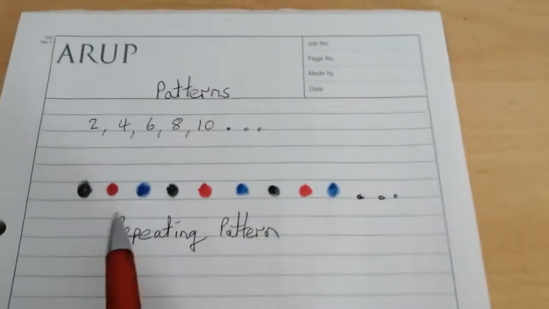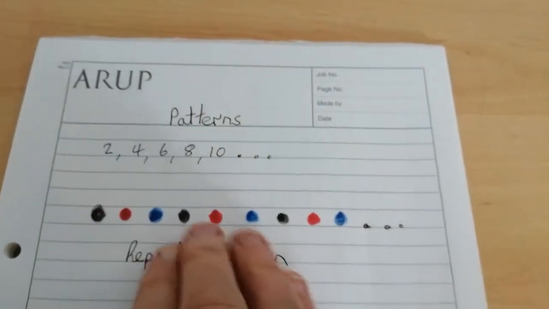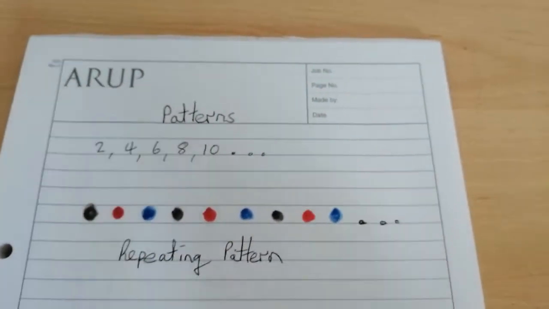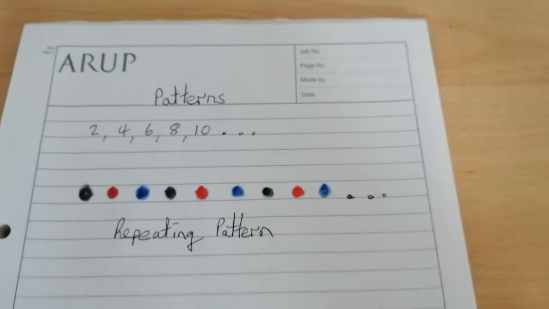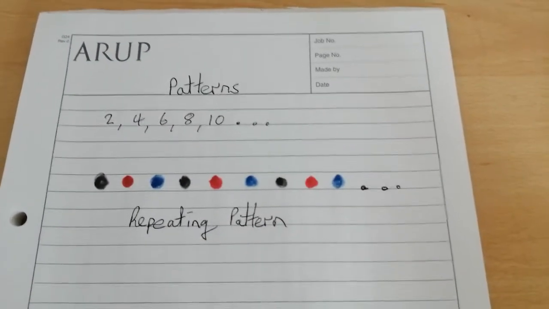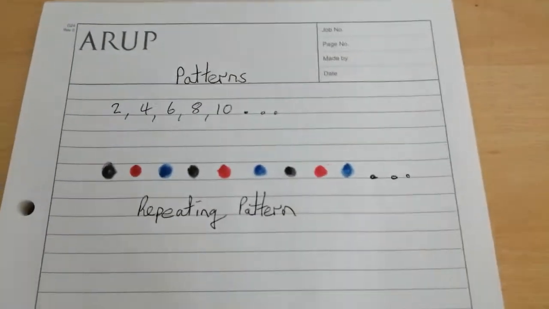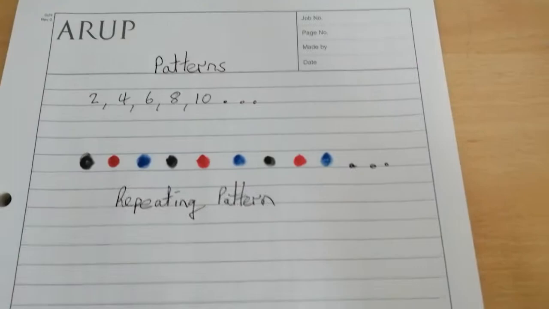Whereas in a repeating pattern, we can see this block of the first 3 is the same as this block, is the same as this block of 3 colors, and it just repeats all the time. Sort of like a pattern you could have on your curtains at home or on your carpet, where you see one little picture on the carpet and then it's repeated over and over again.